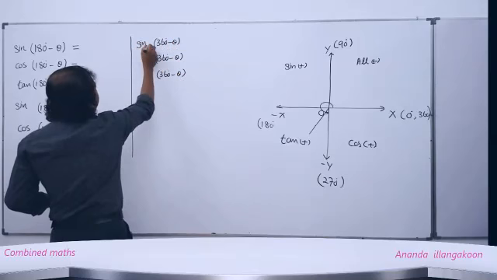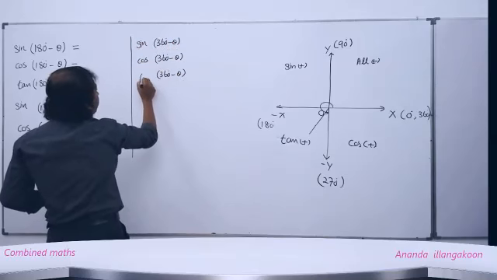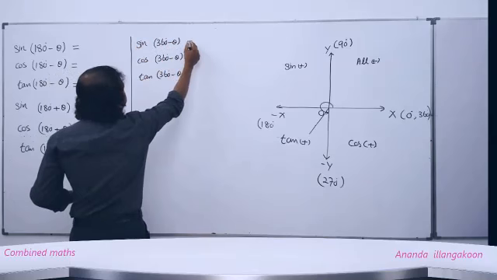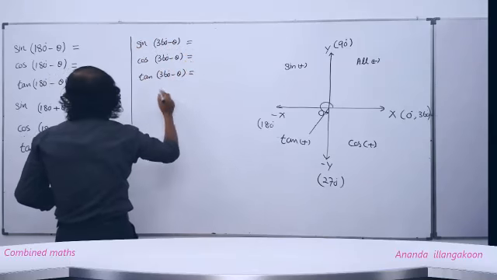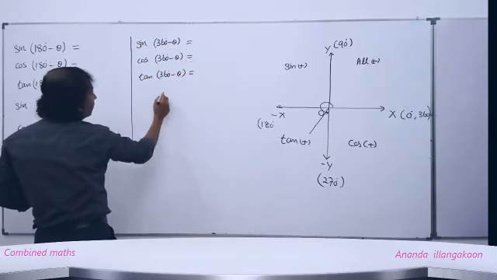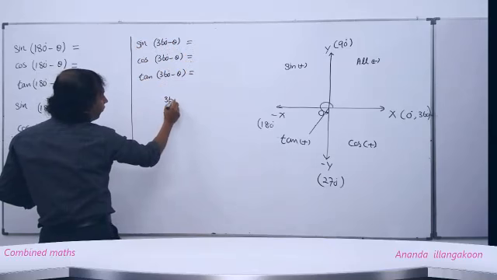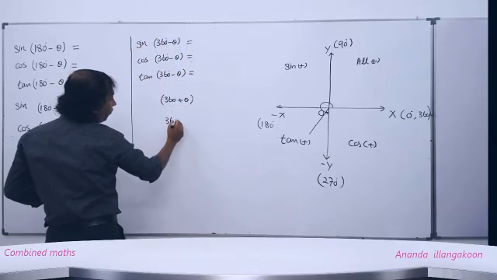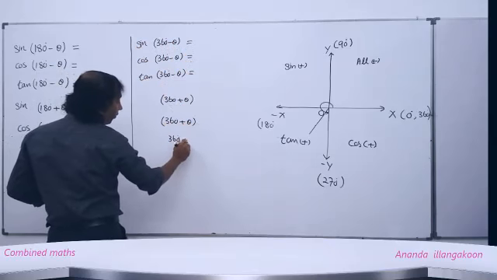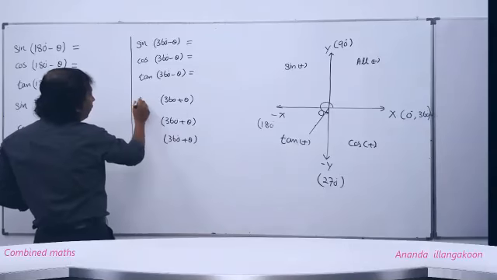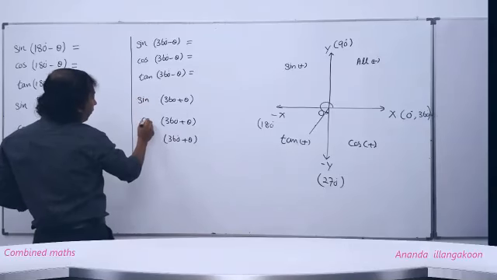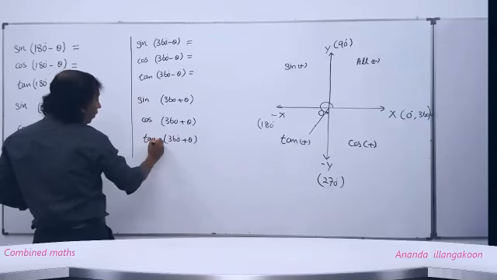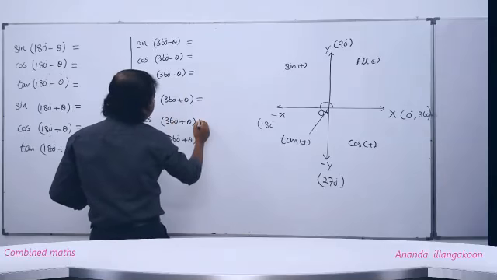Sine ratio, cos ratio, and tan ratio. And next one, 360 plus theta. Right. Sine ratio, cos ratio, tan ratio. This way we get.